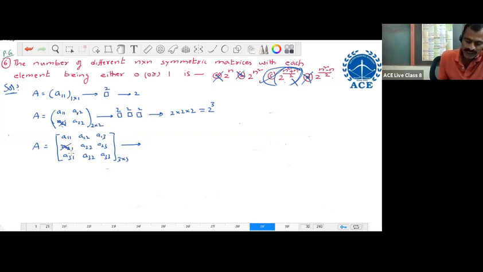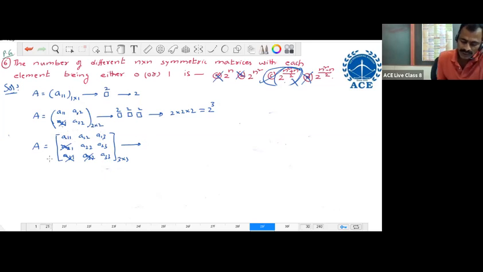A13 is the same as A31, delete this. A23 is the same as A32, delete this. So out of 9 elements, only 6 elements are left. Out of these 6 elements, the maximum possibility for the number of different positions is 6.